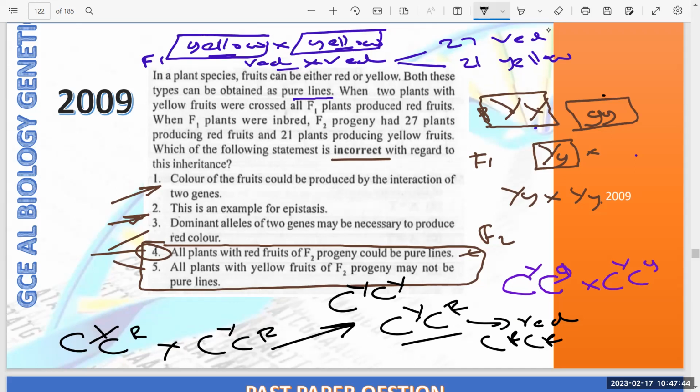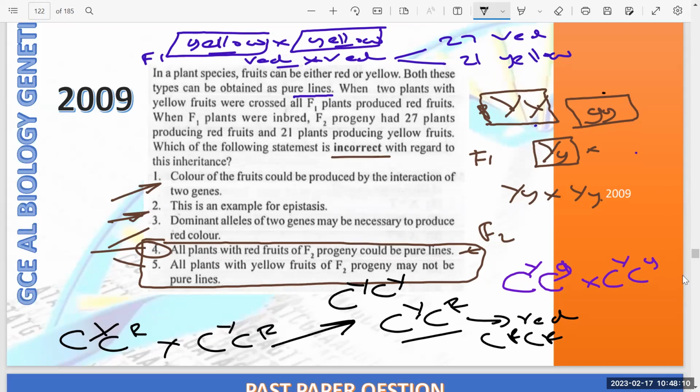But here, yellow, yellow mix, they can get a red one as well. So this is something not 100% fitting to all the theories we learned. So we have to use a bit of understanding of all these things to get the answer.